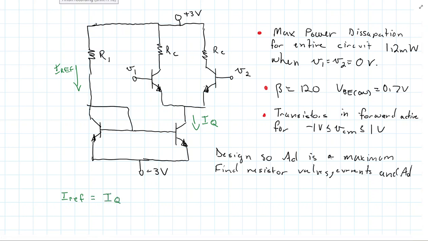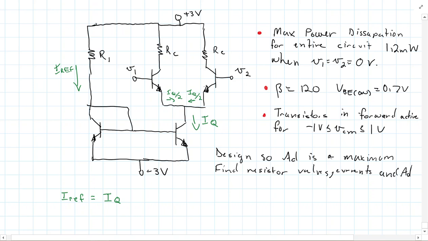Now, in common mode voltage, we know that the current splits evenly between these two transistors, so we have IQ over 2, IQ over 2.